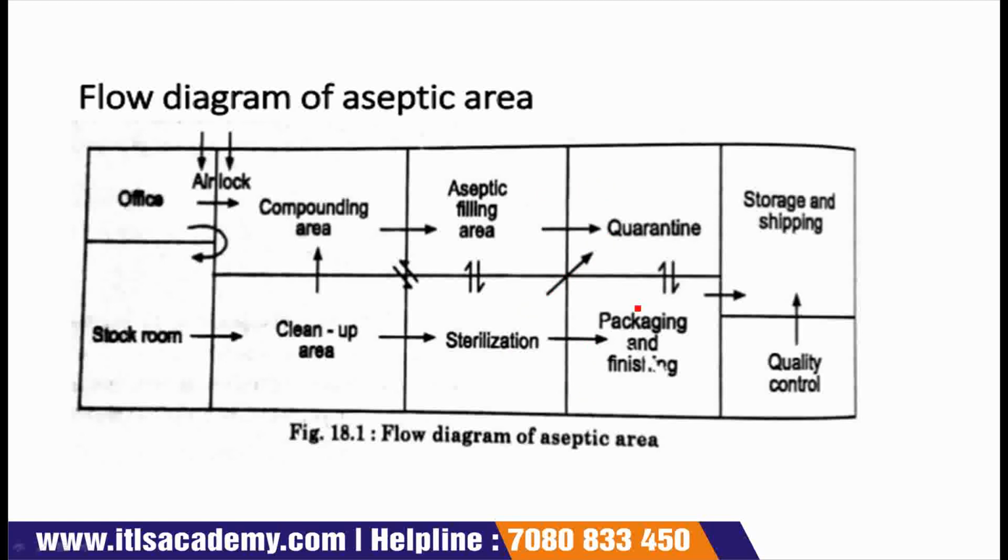This quarantine is reversible with packaging and finishing. At last, this packaging and finishing comes to storage and shipping. And this process of storage and shipping comes after the quality control. So this was all about the aseptic area.